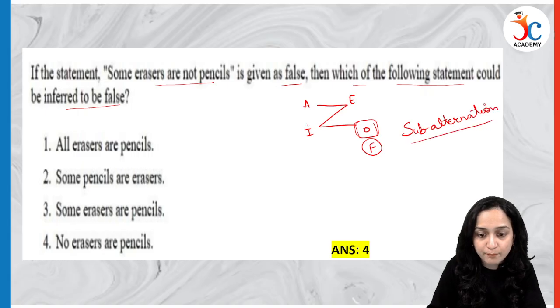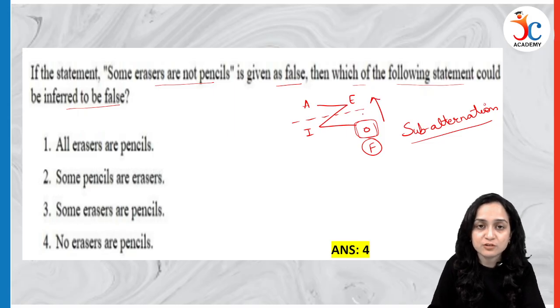I know if the particulars are false, the universals will be false because false goes upwards.